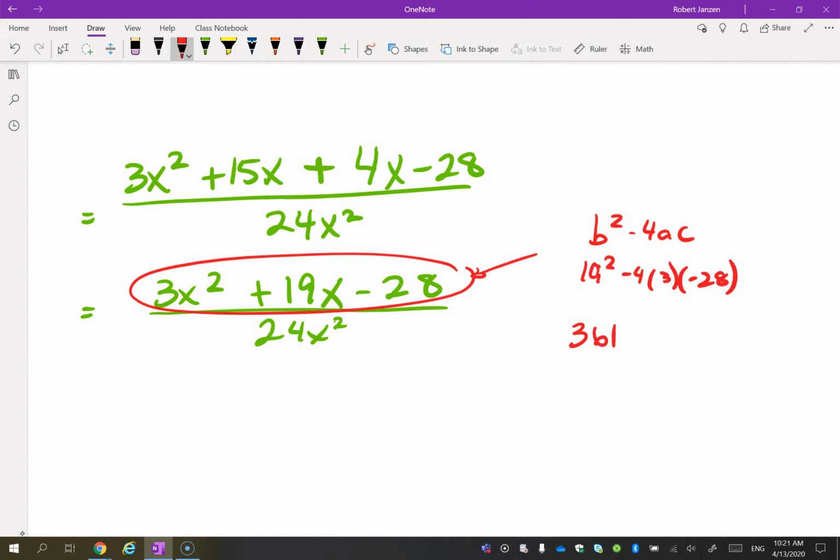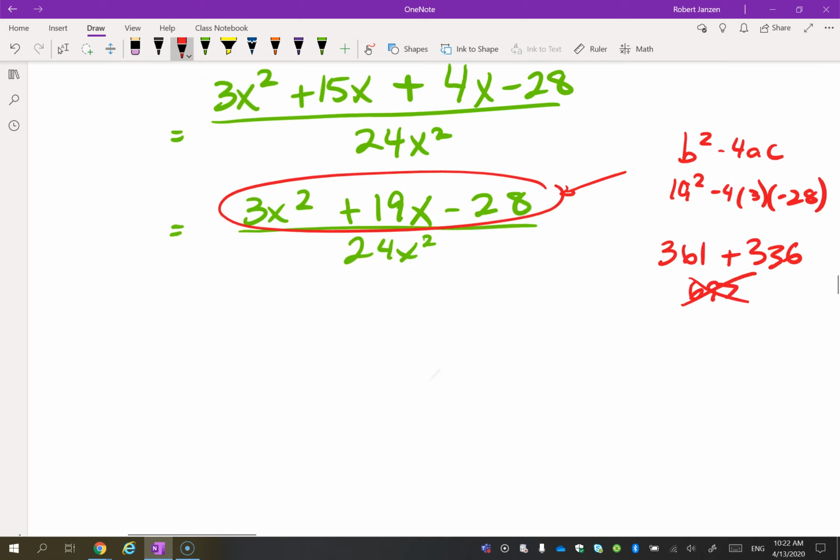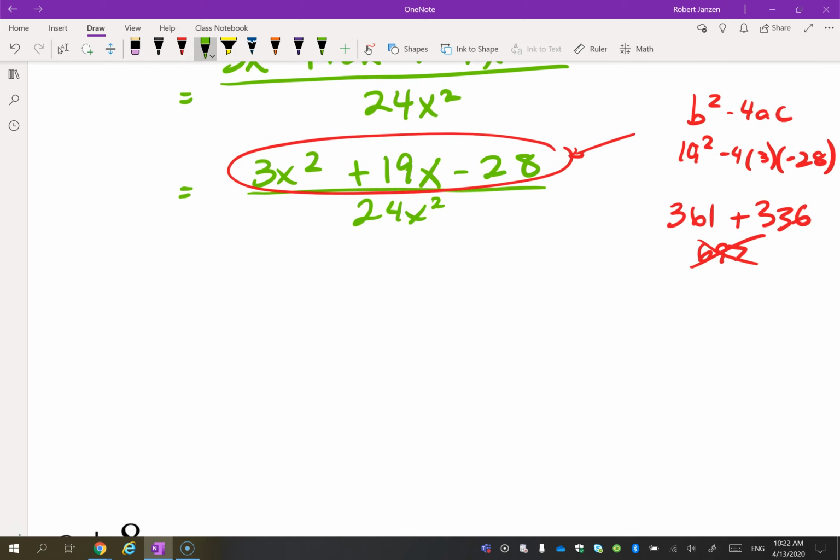And then 4 times 28 is 112 times 3 is 336. So this is 697, which is not a perfect square, so you know you can't factor that. Okay? So we're done, except that we need to say x cannot be 0.